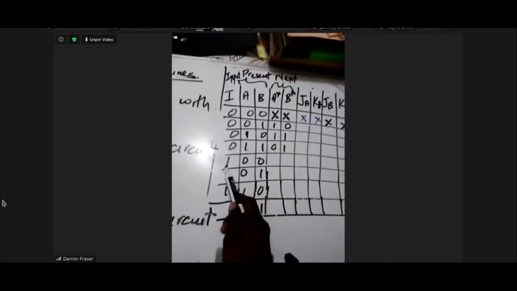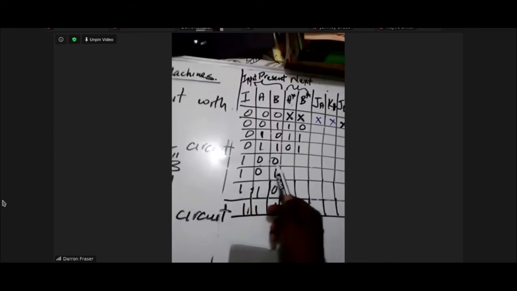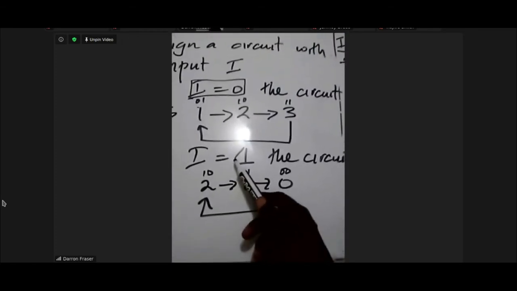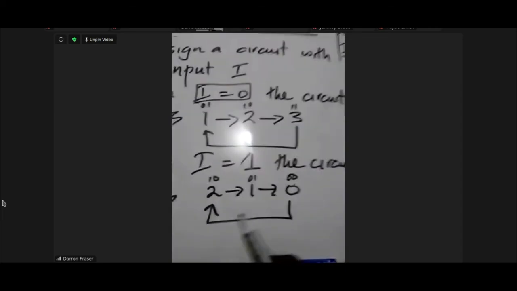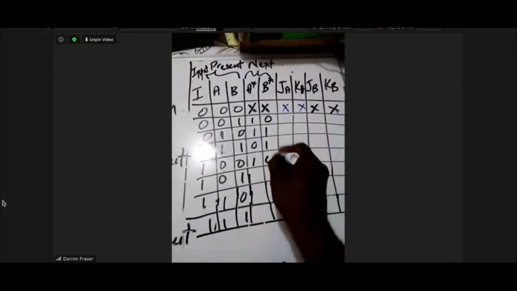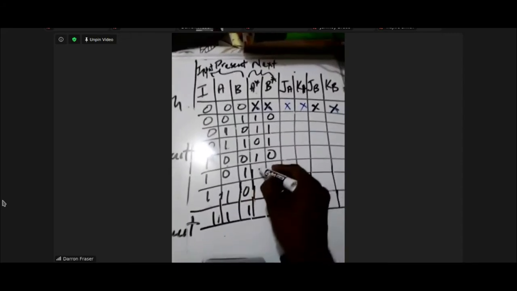All right. Now if I is 1 and the present state is 0, then the next state that I'm going to go to is 2. So I'm filling in 1, 0. If I is 1 and the present state is 1, then the next state that I go to is 0.